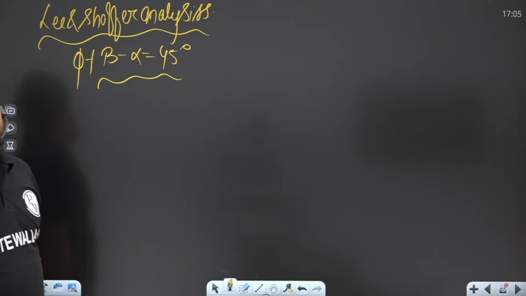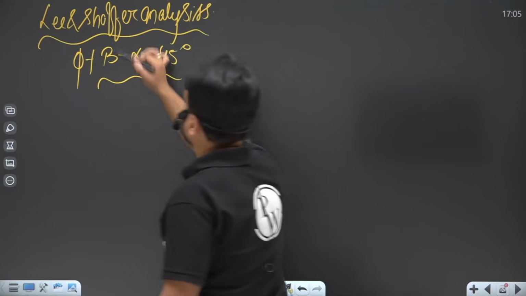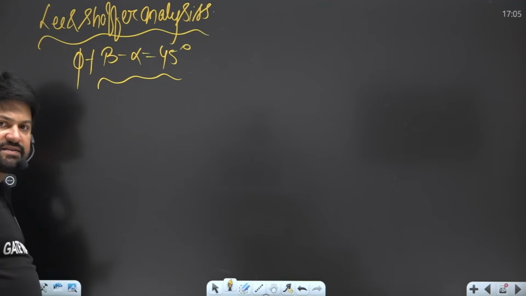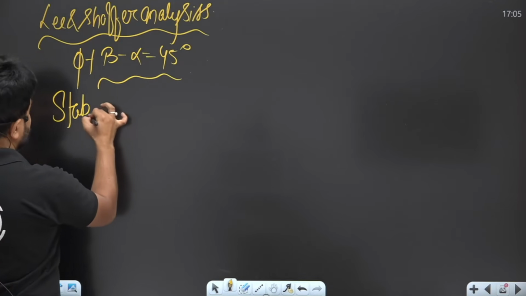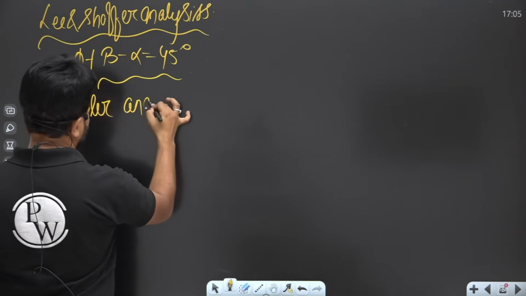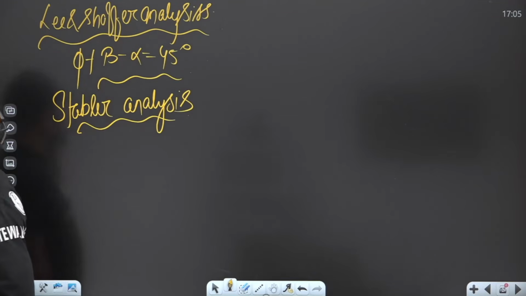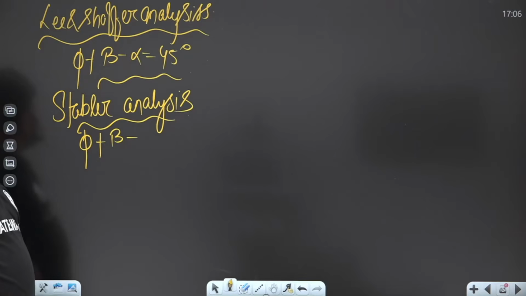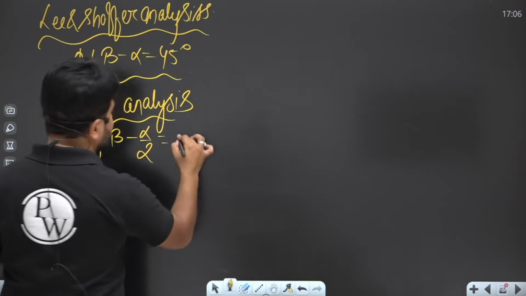But generally in the exam you have to apply Merchant analysis, unless it is mentioned that you have to apply Lee and Shaffer or any other analysis. Suppose there is Stabler analysis: the relation between phi, beta and alpha is phi plus beta minus alpha by 2 equals 45 degrees.